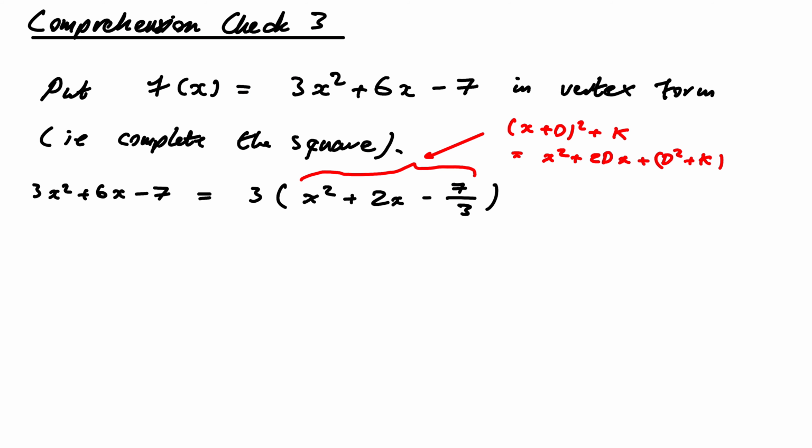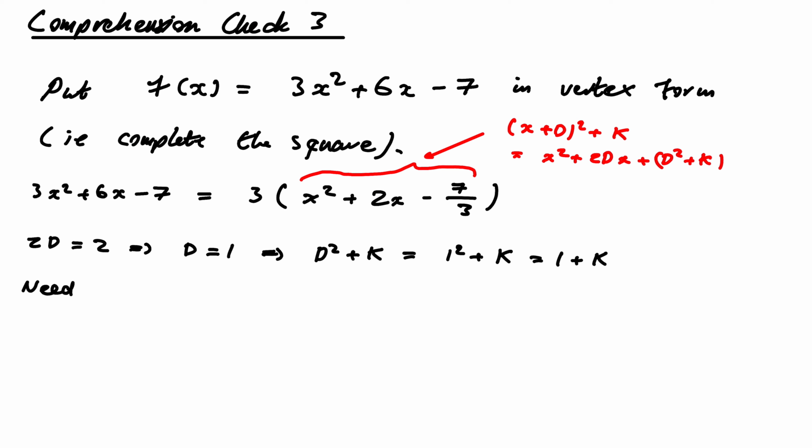So let's do this. My 2d is equal to 2. That's nice, isn't it? That means d is equal to 1. That implies d squared plus k is equal to 1 squared plus k. Fantastic, that's just 1 plus k. So what do we need?